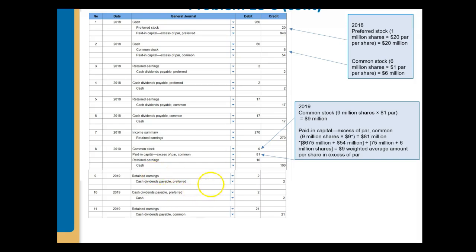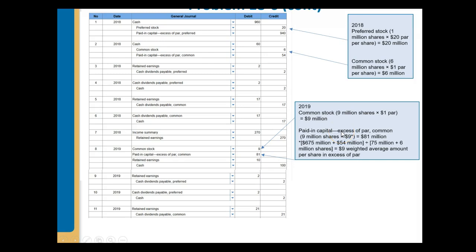We've got debit to common stock for $9 million. Again, that's the $1 par. We're going to debit paid-in capital in excess of par for $81. Now, the way we figure that, 9 million shares times $9 a share is 81.